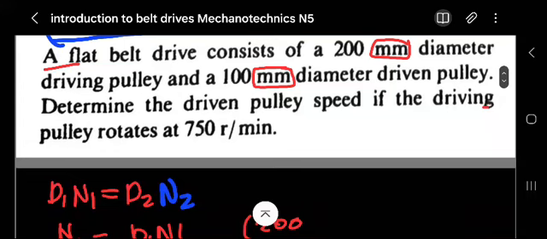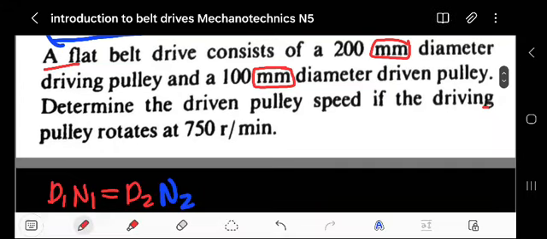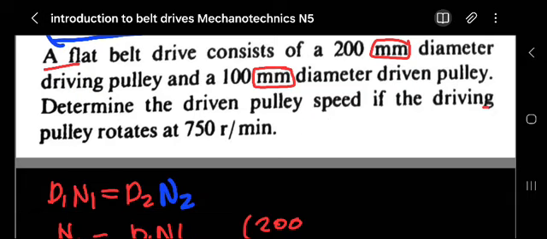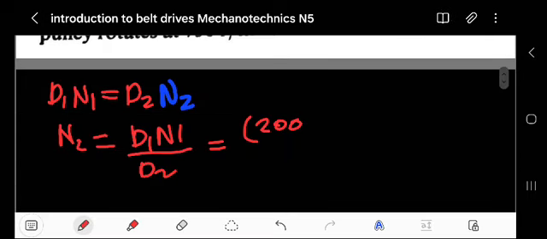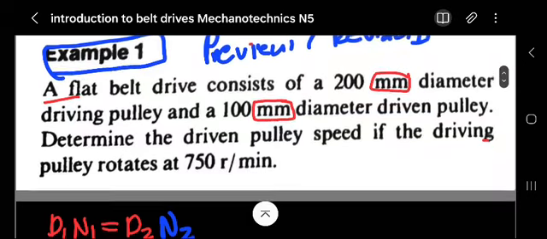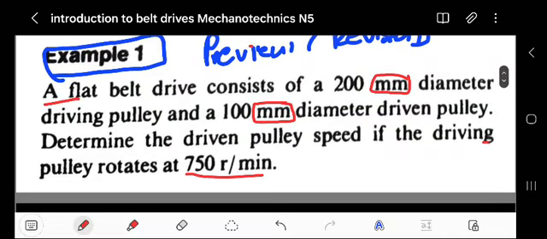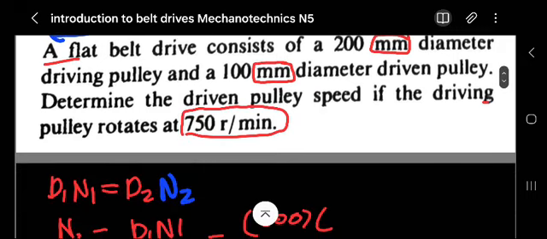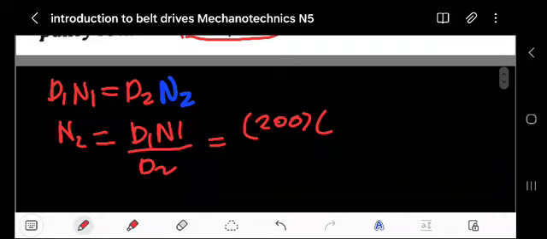But if they are not the same, please use meters so that you won't make mistakes. 200 multiplied by n1, which you have been given here, 750 rotations per minute.